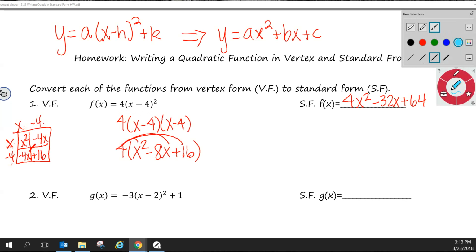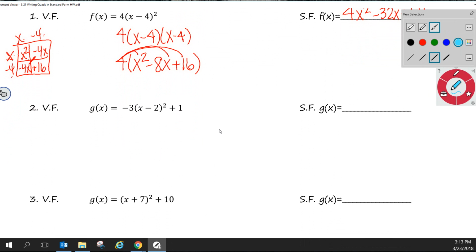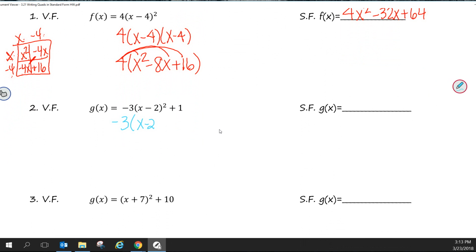All right, for number 2. Okay, this is negative 3 times (x - 2) times (x - 2), and then plus 1. So to figure out what that binomial times a binomial is, I'm going to make my box. x times x is x^2. x times negative 2 is negative 2x.